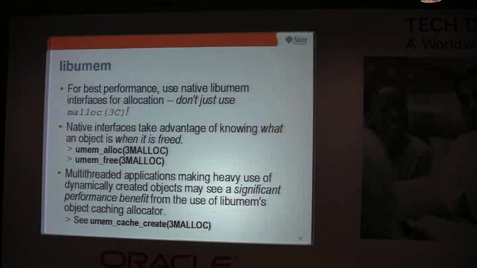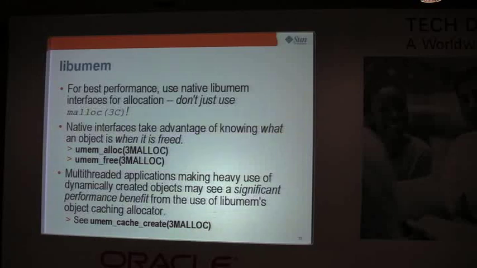For best performance, libumem has an extra set of APIs that you can use for allocating and creating buffers, creating caches, kind of like we have in the kernel. So we have pre-initialized data structures in a cache, which means when your application wants a data structure, it's already there, pre-allocated in a cache.